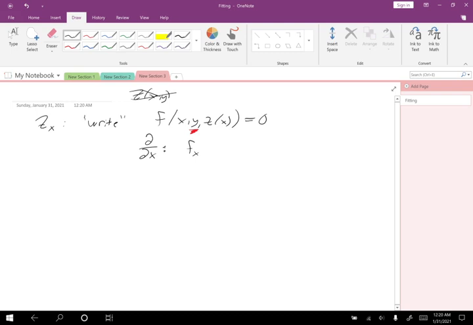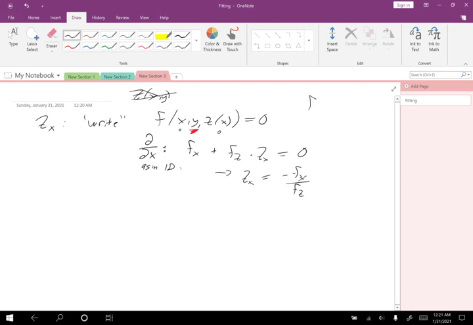Just like in 1D, I'll first take the x part, then the z part. So fx plus fz times zx equals 0. That means zx equals minus fx divided by fz.